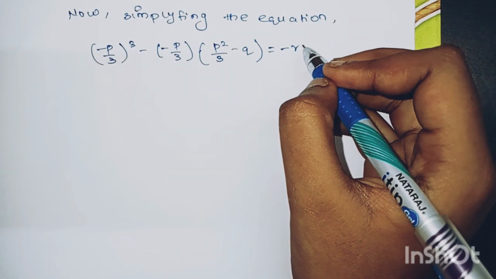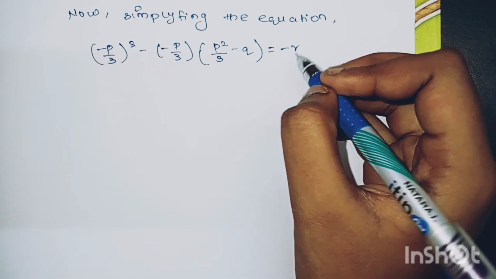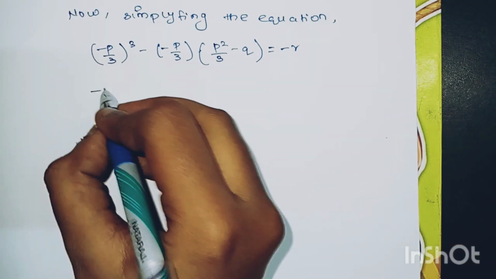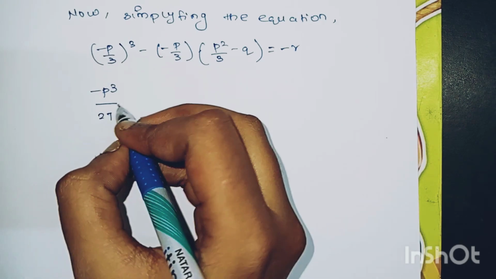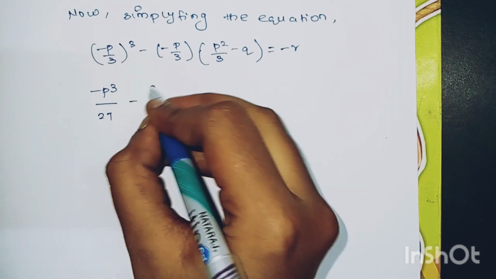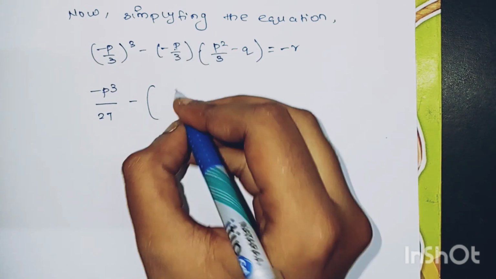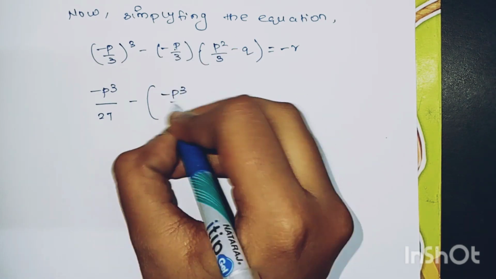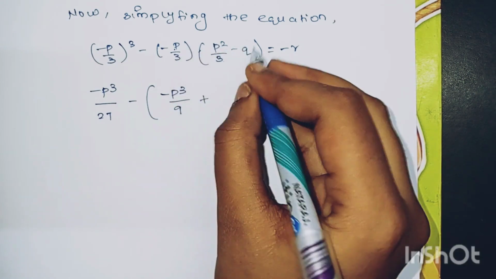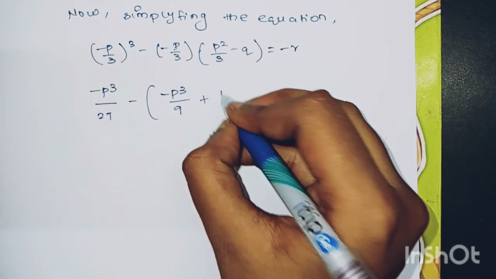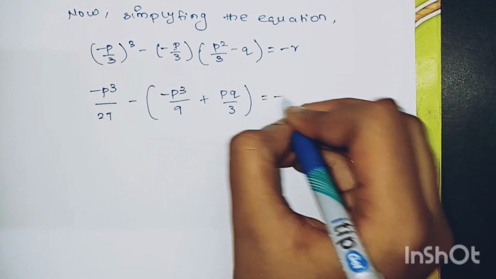How will you simplify this? Minus p cube divided by 3 cube, which is 27, plus p cube divided by 9, minus pq by 3, equal to minus r.